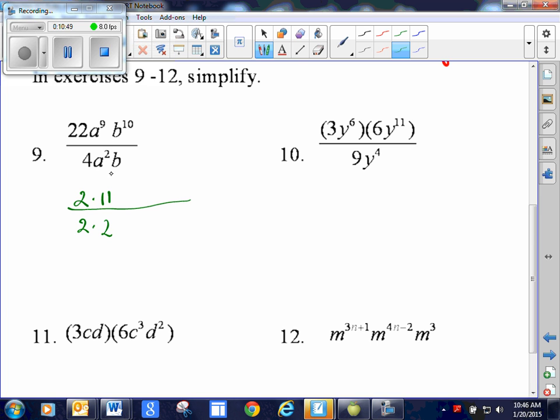They're like bases, they're both a's, so I can use the quotient rule and say 9 minus 2 is 7. b and b, that's b to the ghostly 1. 10 minus 1 is b to the 9th. So all the variables leave the denominator, and our answer becomes 11 a to the 7th, b to the 9th, all over 2.